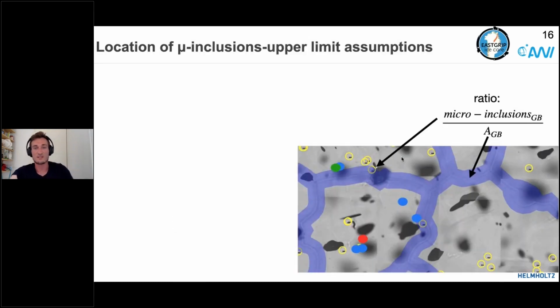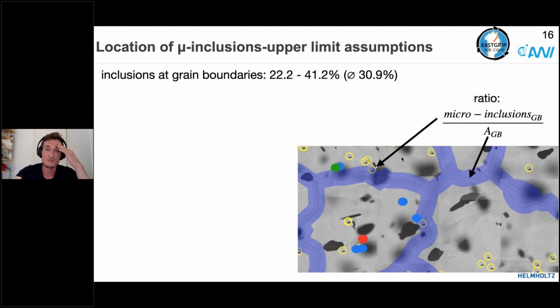Okay, then we did some statistics. So we analyzed all the inclusions which are found at grain boundaries. We did an upper limit assumption. Those grain boundaries here are too thick.